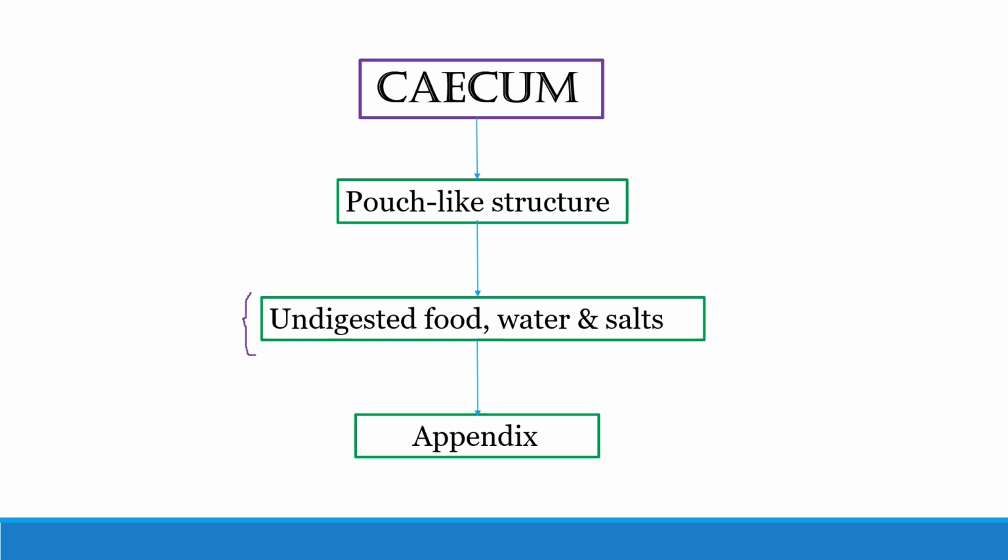Obviously इसकी कोई functionally इतना significant नहीं है, but there are chances that this undigested food along with certain infectious material, that may be a bacteria or a virus, that may enter this portion and it can cause inflammation of this particular structure.